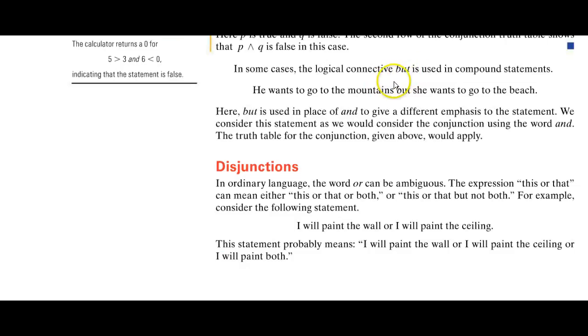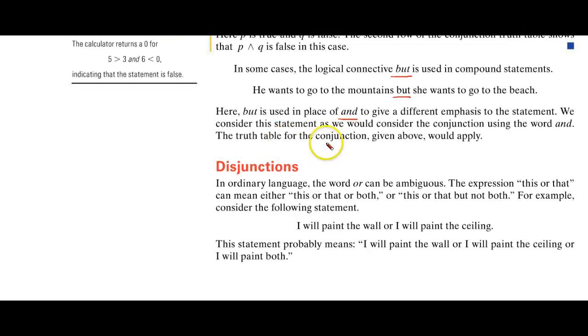Now they color this a little bit by saying that sometimes the connective but is used in a compound statement. He wants to go to the mountains, but she wants to go to the beach. So the but can be replaced with an and, and it therefore makes a conjunction.